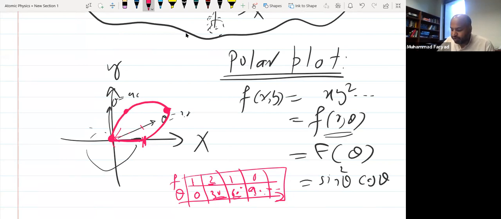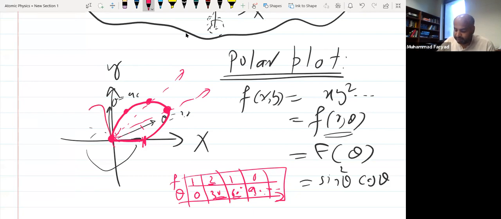So this is a polar plot where along any given direction, the distance of the point on the curve from the origin gives the relative magnitude of the function. So it means that this function is maximum along this direction, because this is the point which is farthest away from the origin.